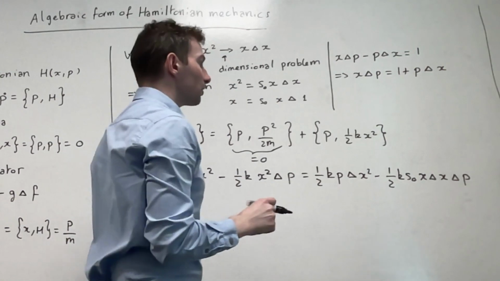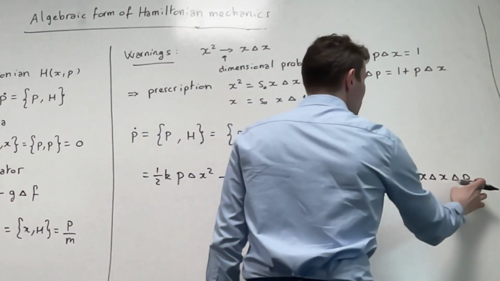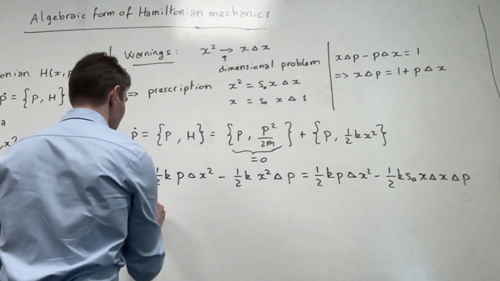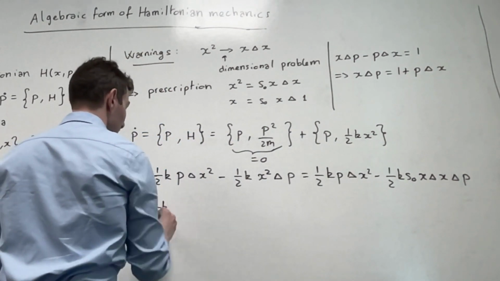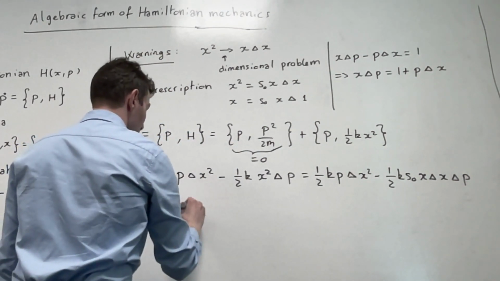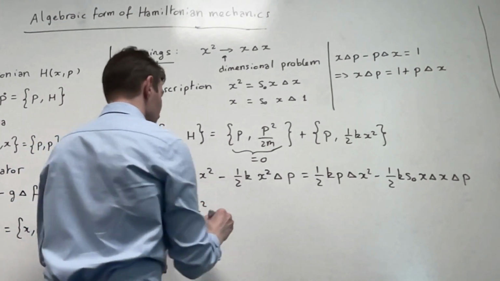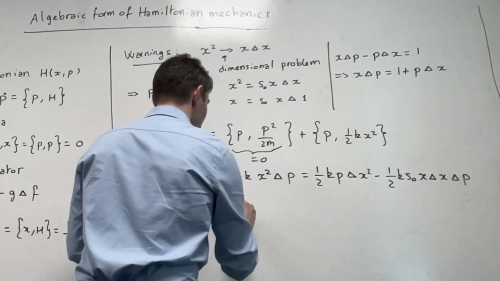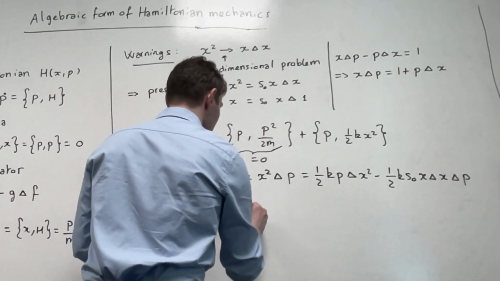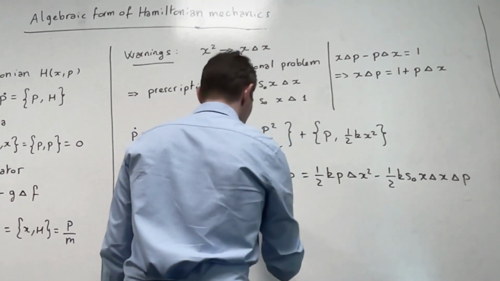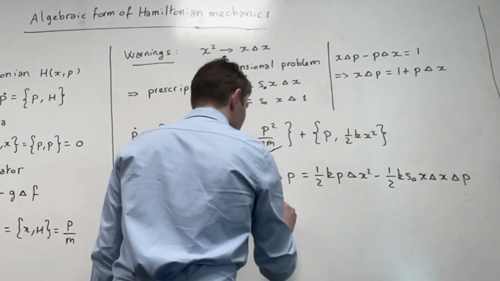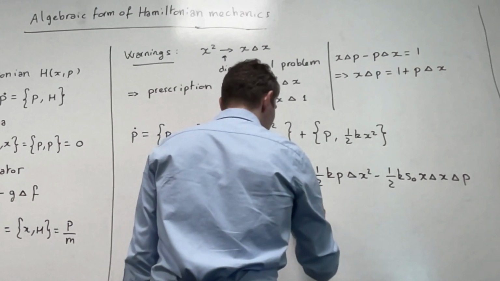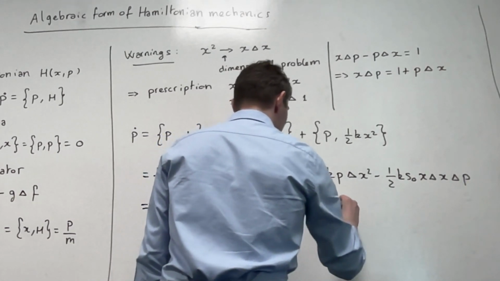So what I can do here is replace the x triangle p by 1 plus p triangle x. So I'm getting half k p triangle x squared minus half k S0, and then we have x triangle, and then we've got 1 plus p triangle x.